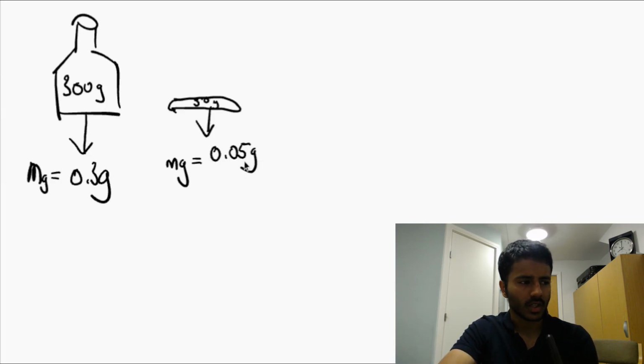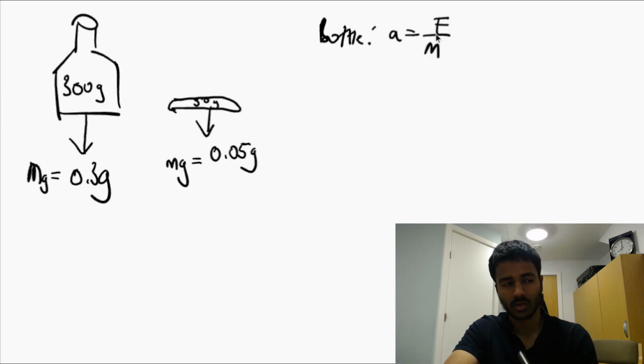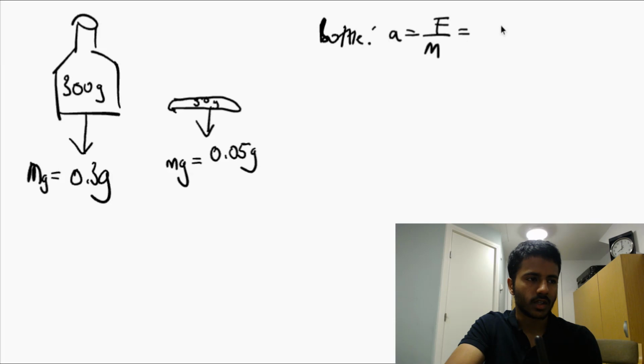So if we wanted to find out the acceleration for each of these objects, we look at the bottle. We know that F equals ma, so if we rearrange it, we get A is equal to F over m, where F is the resultant force. We get 0.3 g over the mass, which is 0.3, so we just get g.